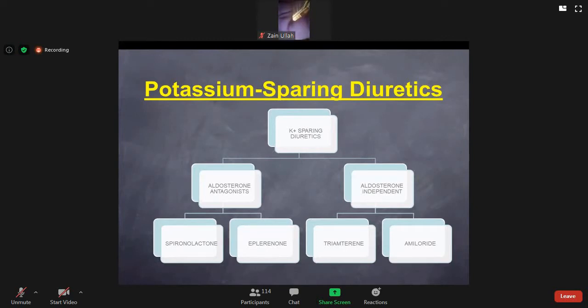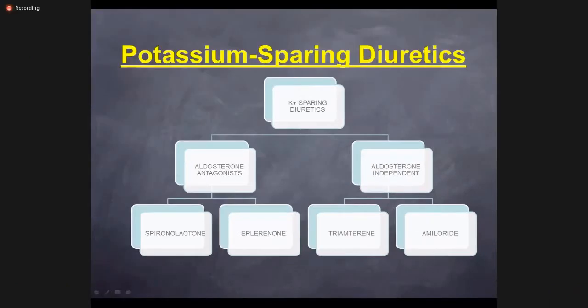The question asked is: which diuretic will you prefer in this female? Definitely we are going to prefer thiazide diuretic. Why? Because it prevents further excretion of calcium, and if you use loop diuretic, it will worsen the condition, because in osteoporosis there is already a problem related to calcium, right? So this is another very important question that is asked in the exam.